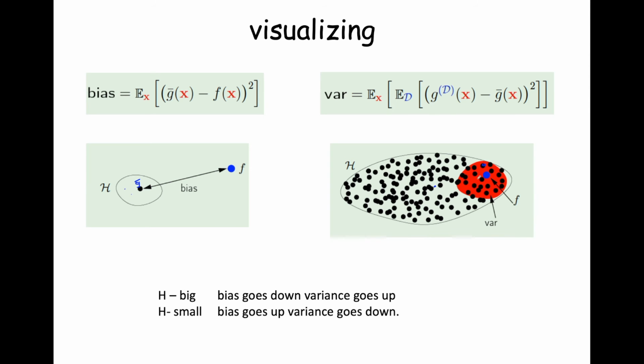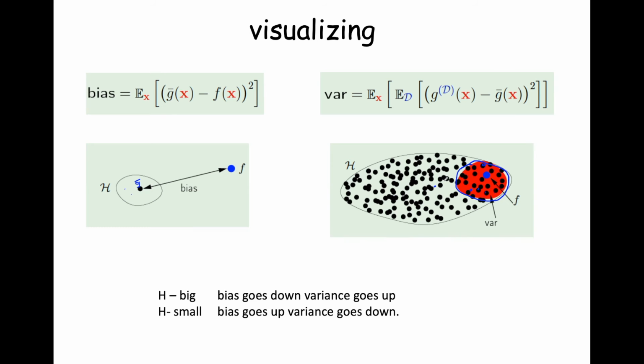Maybe it's over here. Maybe it's over here. You get a lot of differences. And so the variance then is this red region. It's the set of different final best hypotheses you can get as you have different data sets that you draw. Now, even though your unknown target function is inside your hypothesis set, you have to find it.